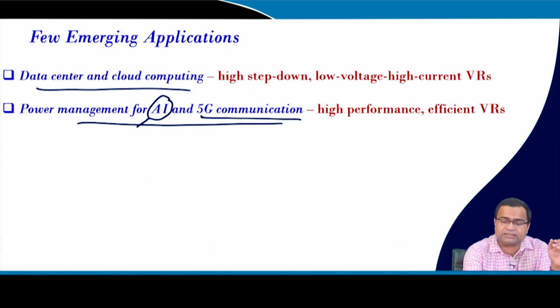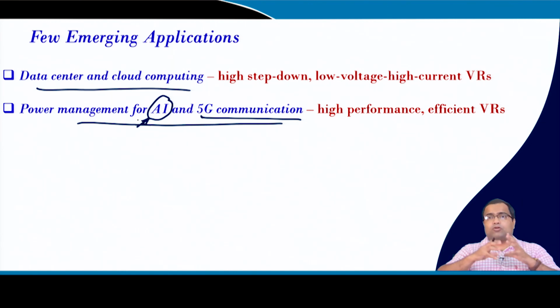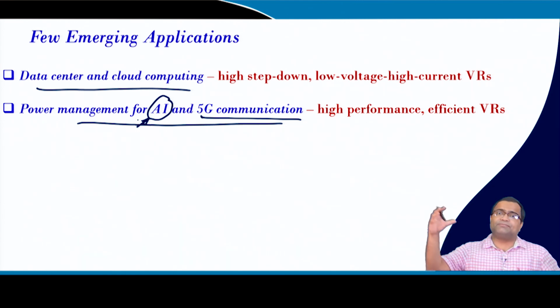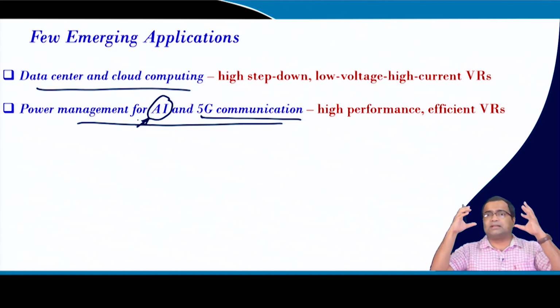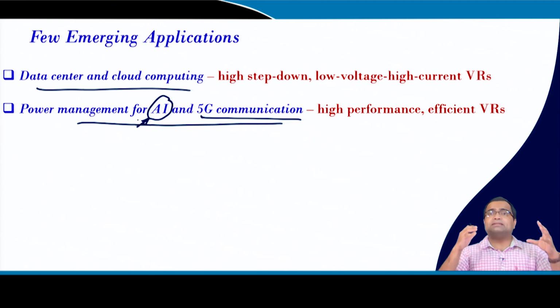So, for such a processor, the computation can vary from extremely low to extremely fast, and most of the cameras are located in remote locations where they are run by battery. So, you need to have very fast performance and high efficiency.